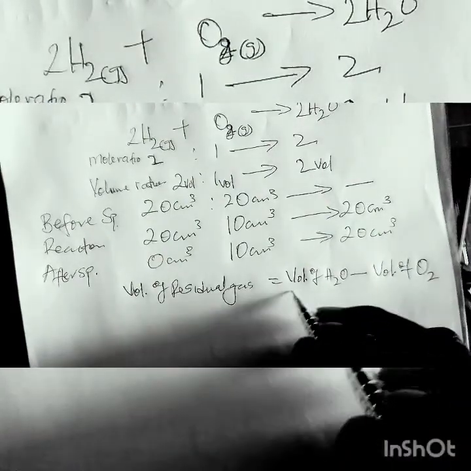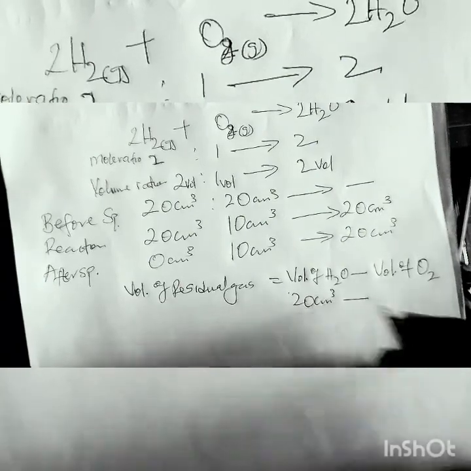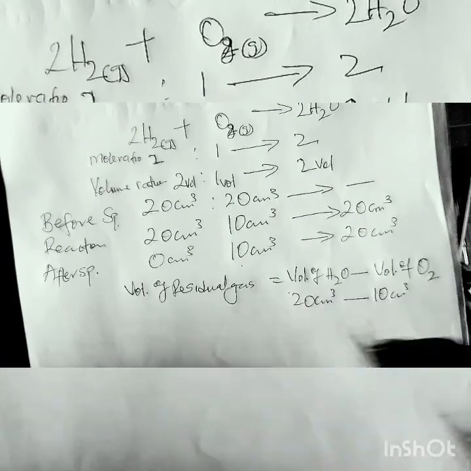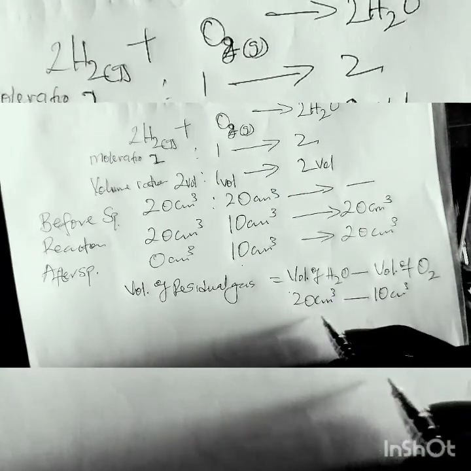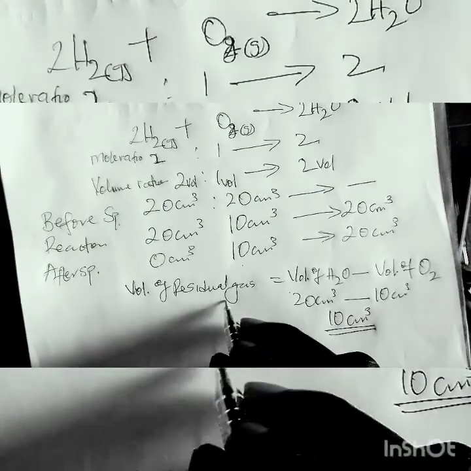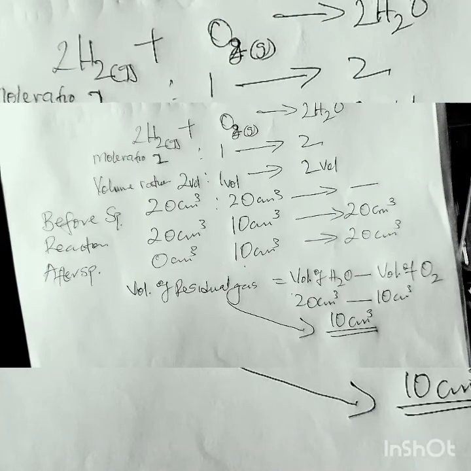Which means volume of H2 is what? Is 20 cm cube minus volume of oxygen, which is 10 cm cube. Now deduct them. What are we going to have? We are going to have 10 cm cube. So the volume of the residual gas is 10 cm cube.